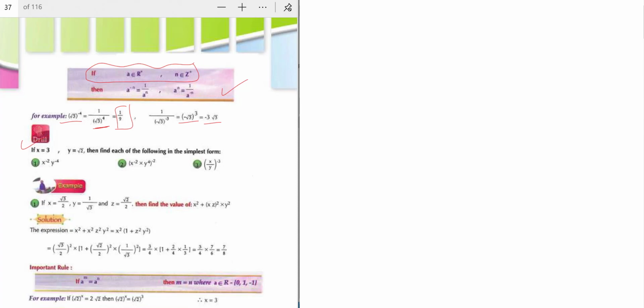Number 2. x power negative 2 times y power 4, all power negative 2. x power negative 2 equals 1 over x power 2.